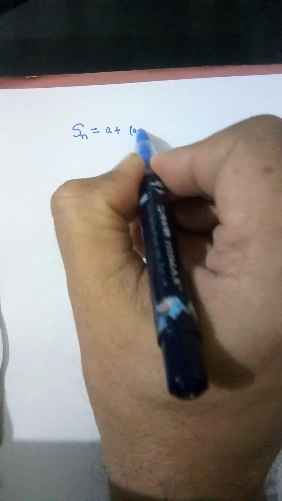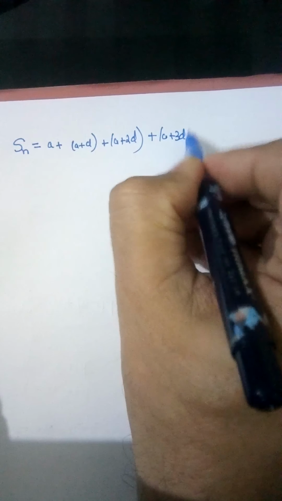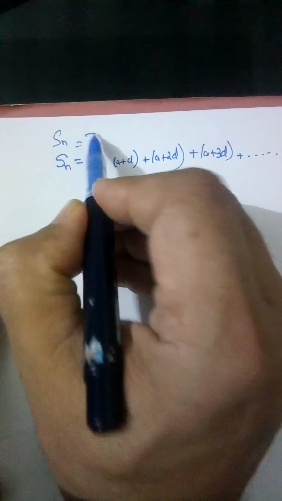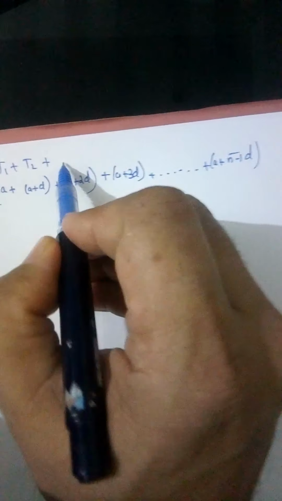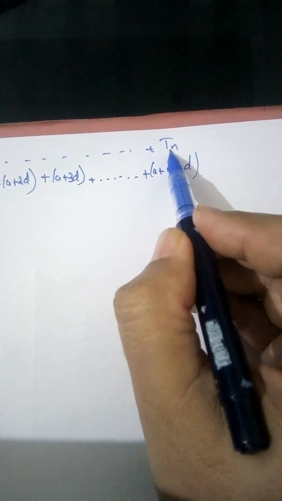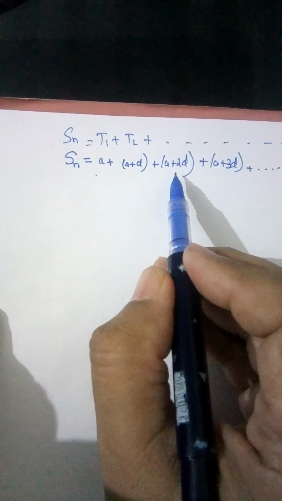Sum of n terms of an AP means a plus a plus d plus a plus 2d plus a plus 3d, plus, say, the last term will be a plus n minus 1 d. See, sum of n terms means the first term plus the second term plus like this up till the nth term. So this is the nth term, a plus n minus 1 d, and the first term was a, second term a plus d, third term a plus 2d.